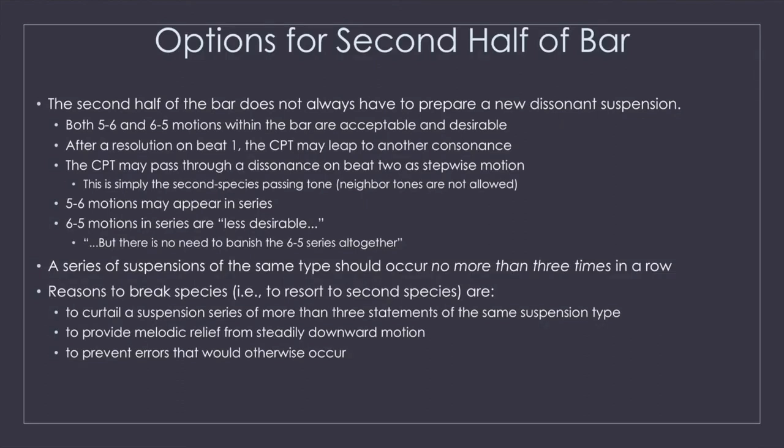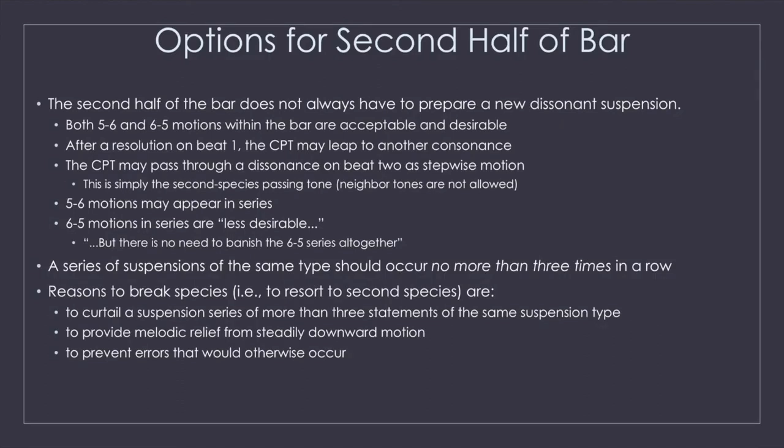It's not a dissonant passing tone, it could be a consonant passing tone, but you can use 5-6 motions and 6-5 motions. Okay, after a resolution on beat 1, the counterpoint may leap to another consonance. The counterpoint may pass through a dissonance on beat 2, a stepwise motion. So we could have a dissonant passing tone.